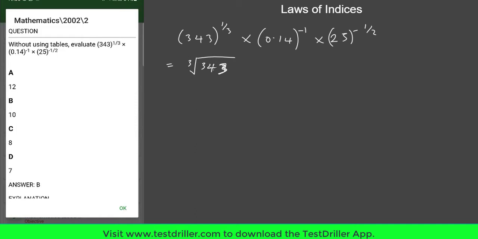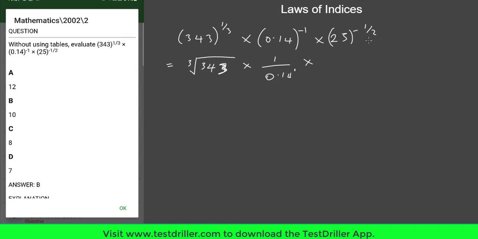So that is the first thing you have to take note of. The next is, how do we express this? This is a negative power, and the law of negative power states that we can simply take it as 1 divided by 0.14 raised to the power of 1. Because if you take the minus away, you invert the entire number.